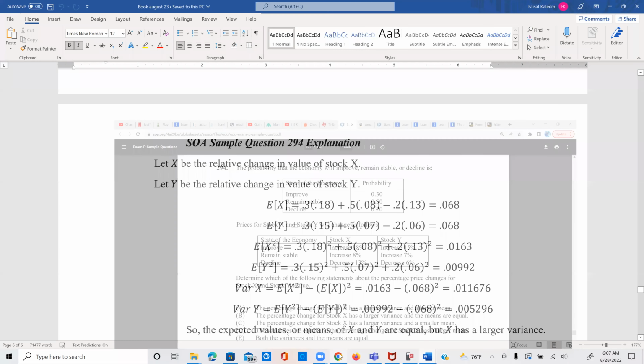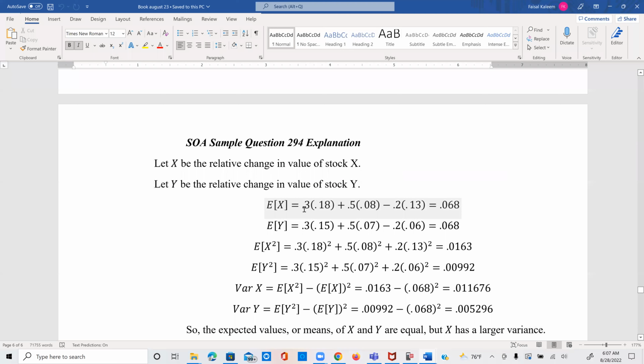Therefore, our typical expected value formula multiplies the probabilities by the increases, because in this case, the variable is the change. Whenever it increases, it's positive, and when it's decreased, it's negative. So E of X comes out to be 0.068.